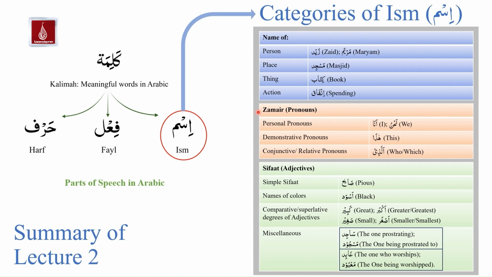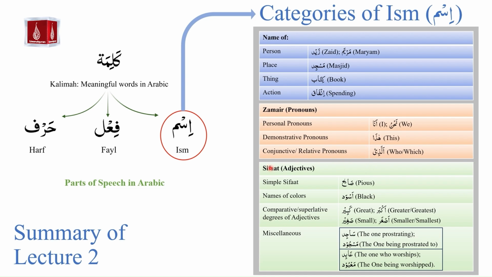Zamay are pronouns, and in this lecture, we only had a brief introduction to Zamay just to introduce some of the terms. Zamay can be personal pronouns, such as the word ana, which means I, or nahnu, which means we. Zamay could be demonstrative pronouns, like the word haza, which means this, or Zamay can be conjunctive or relative pronouns, such as the word allazi, which means who or which.